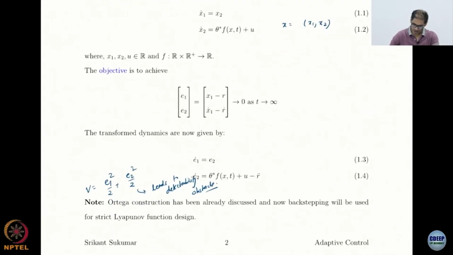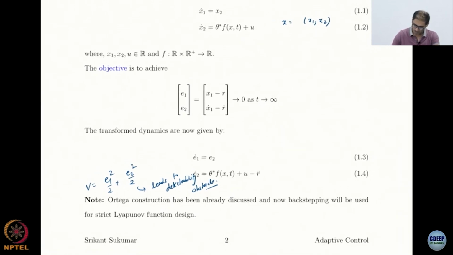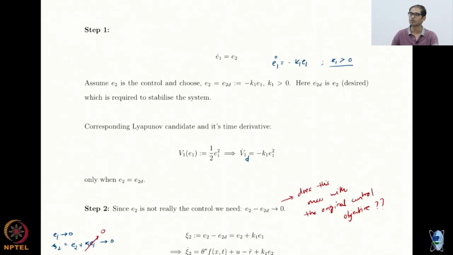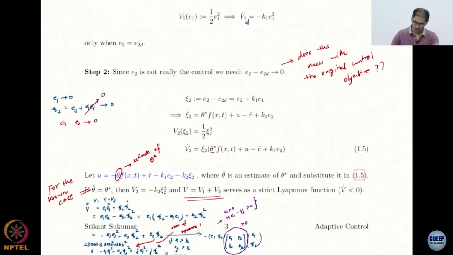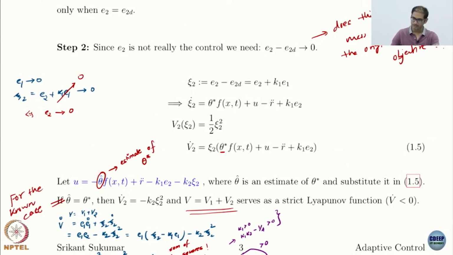All we did was construct the known case control, right. We did it via backstepping in this particular case, but it does not matter how you do it. You construct a known case control and then you replace the theta star in the control by the theta hat, right.